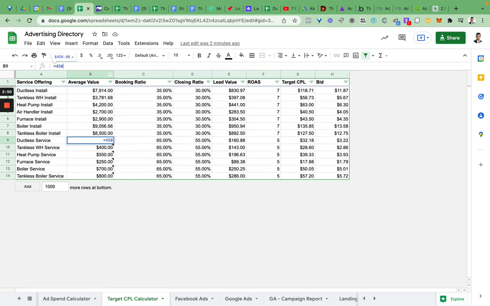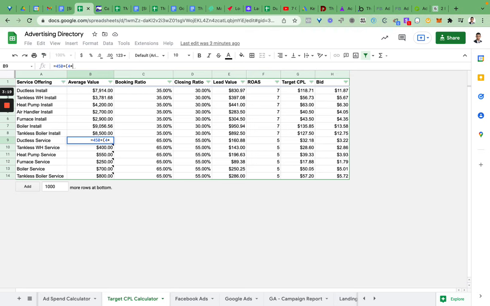So if we're going after ductless service leads, and we know we have a maintenance plan that retains people, let's say 3-4 years, we can do it like this, times 4. So you take how long they stay on average, times however much the plan is. Let's say you do a per head basis: the outdoor unit is going to be $100, and each individual head is going to be $80.